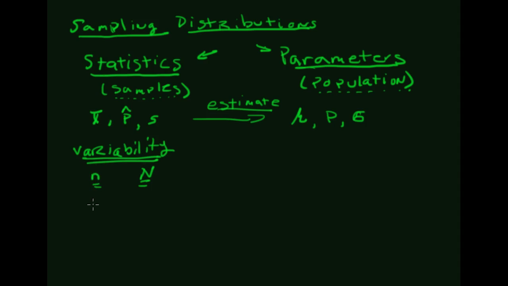The very specific example I give here is I take a sample of size n and then I take the mean of that sample. If I do that once, I'm going to get a number. If I do that a second time, I'll get a second number. Third time, I'll get a third number. So I've just taken 3 samples of the same size from the same population, and I got 3 different numbers. So these are likely to be different.